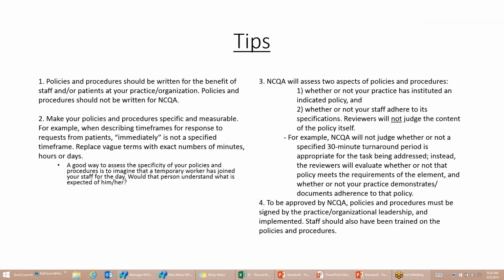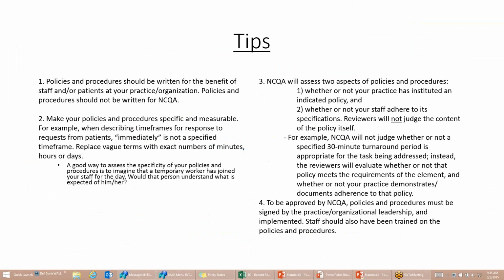The second paragraph there mentions making the policies and procedures specific and measurable. So NCQA obviously keeps things a little bit broad in their requirements and allows the office to define what their different time frames or feedback times are.